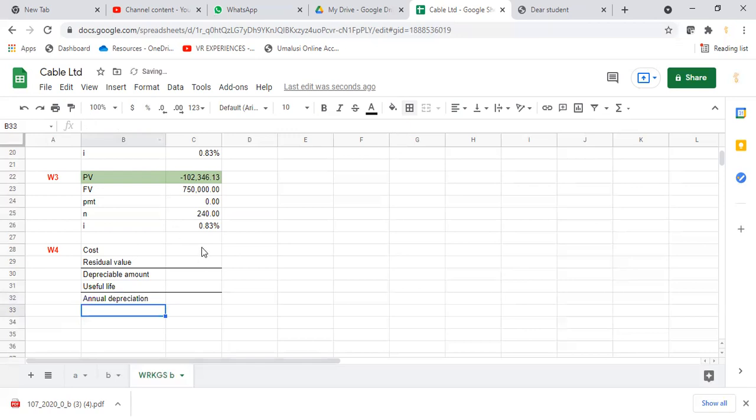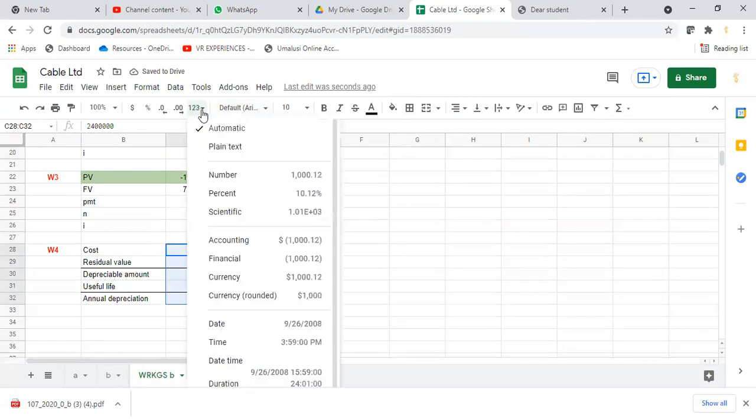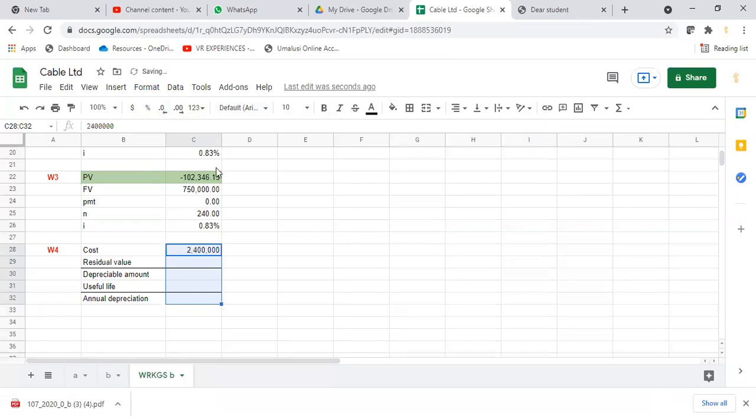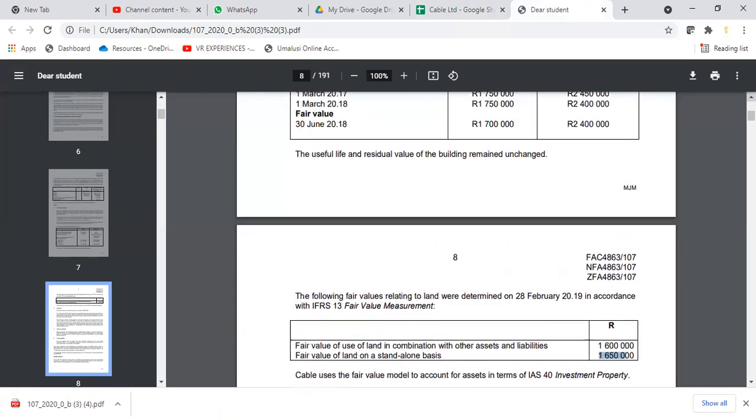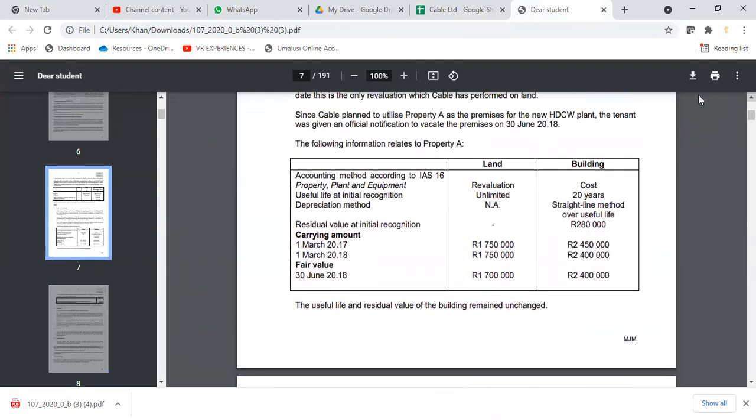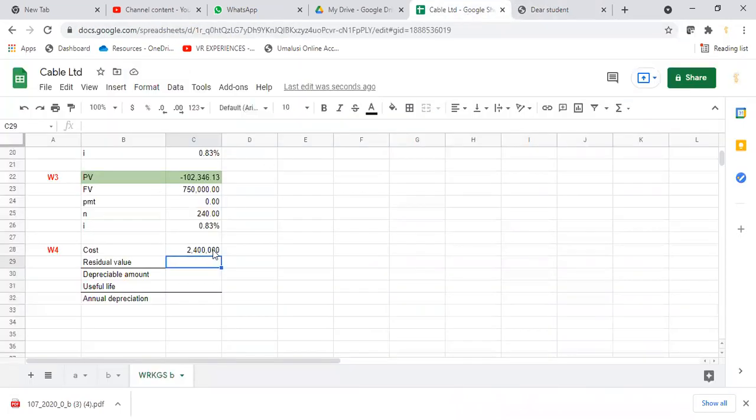The cost price for the building is 2.4 million. The residual value was given to us as 280,000, so we would have cost minus residual value.